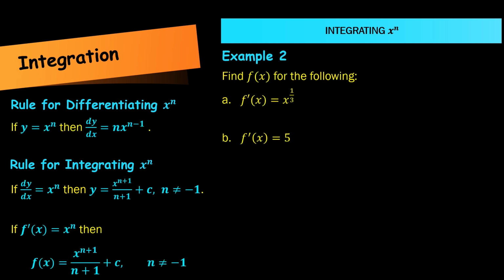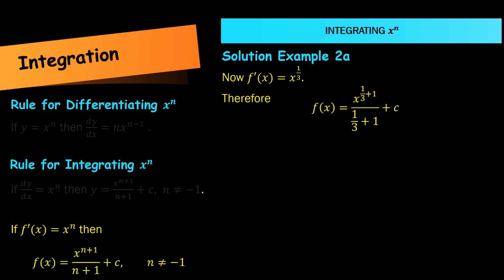Now let's have a go at another example. Pause the video and have a go. Press play when you're ready to view the solutions. So let's solve example 2a first. Again, the rule which we are applying has been highlighted. So n plus 1 is a third plus 1.